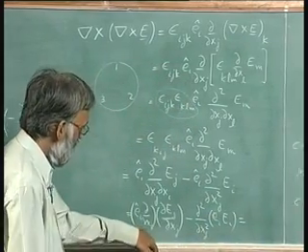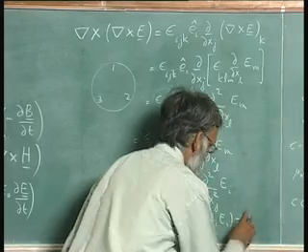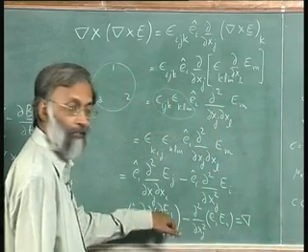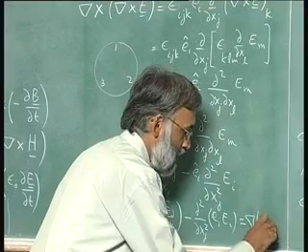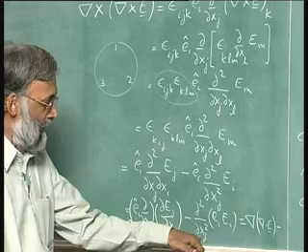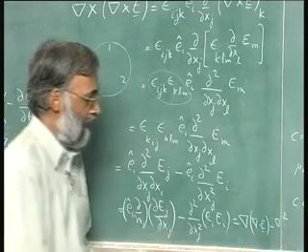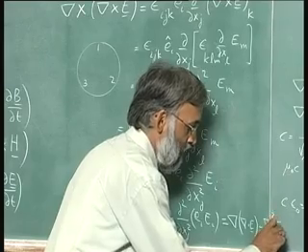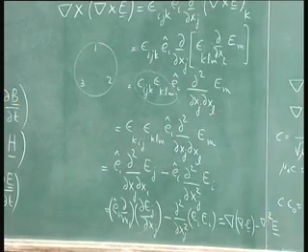This is gradient and this is divergence of E. So, it is gradient of divergence of E minus this is del squared acting on vector E. It is as simple as that.